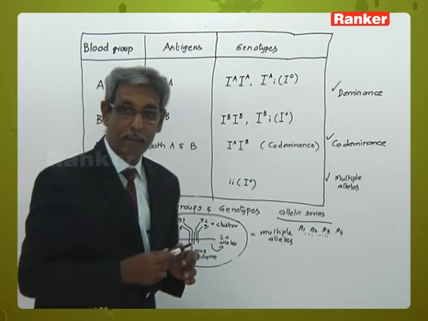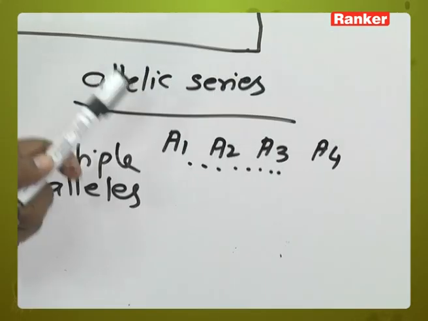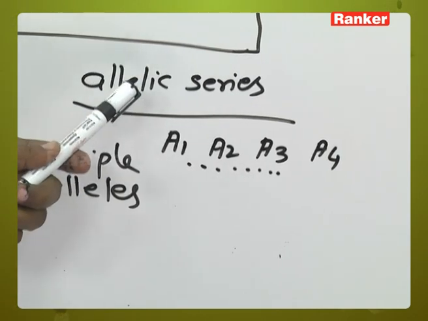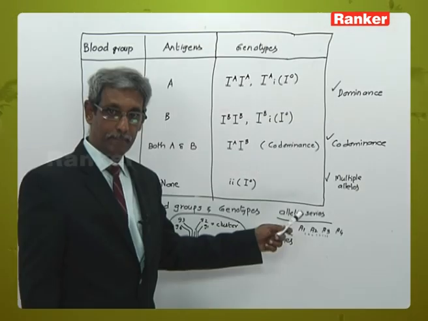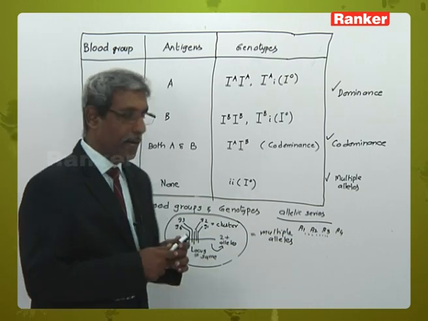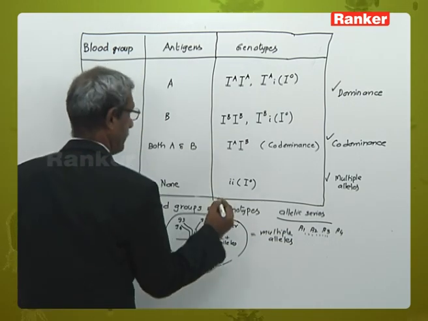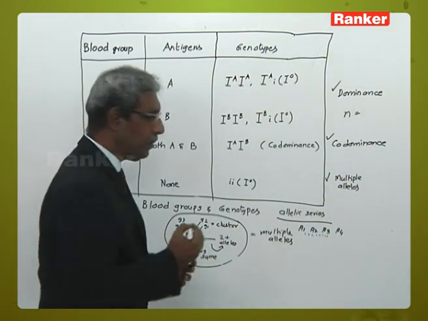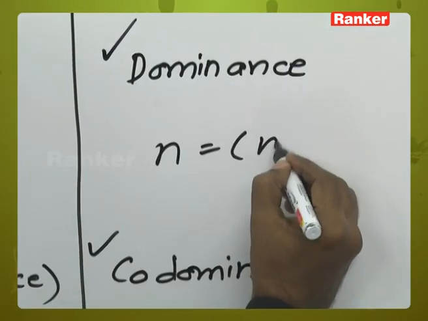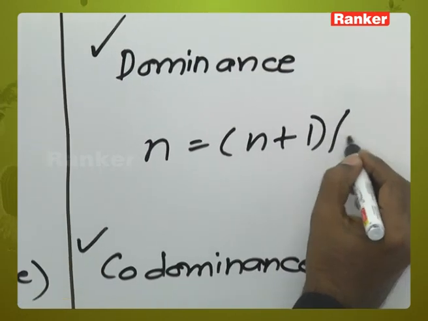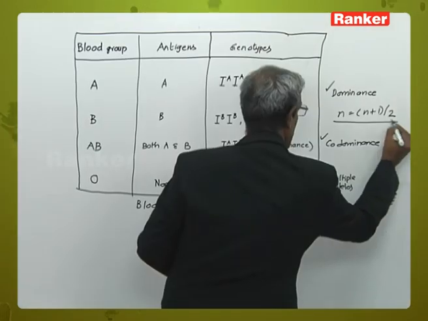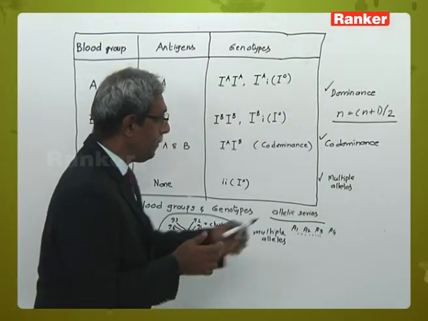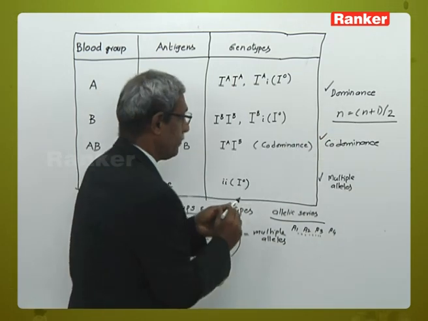So when you take multiple alleles, the number of genotypes possible in an allelic series is given by the formula N = n(n+1)/2.